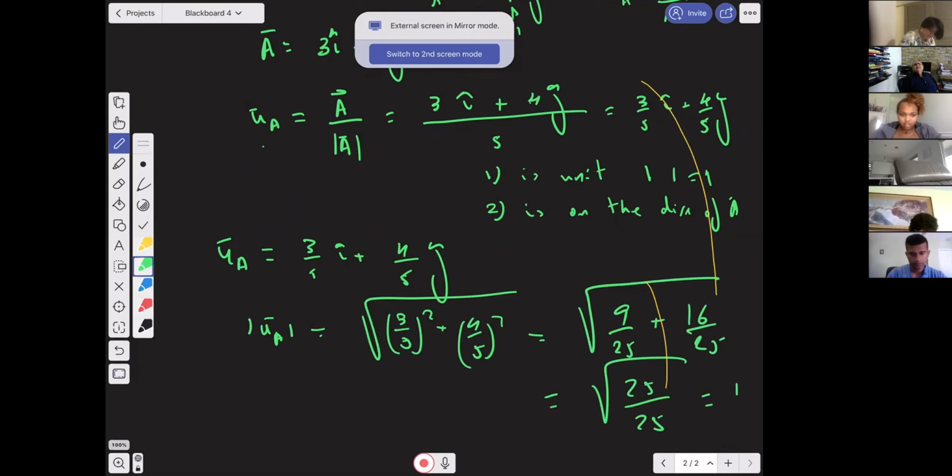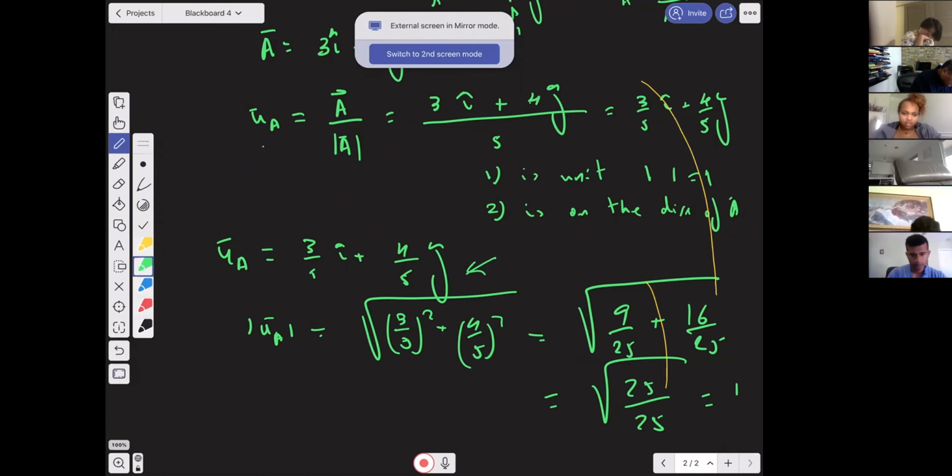It has passed the first challenge: this vector has magnitude 1. The second test is that the vector must be in the direction of A. Is this vector in the direction of A?